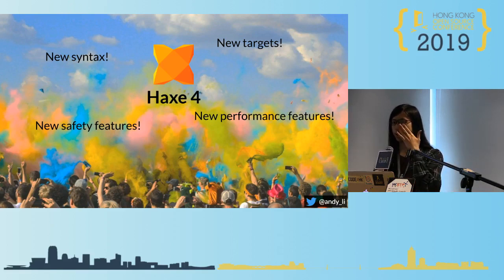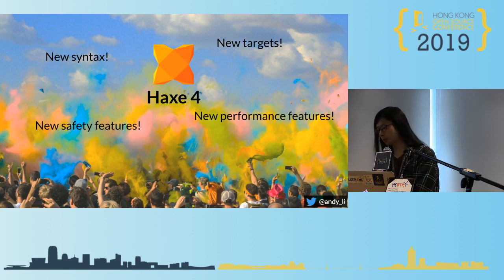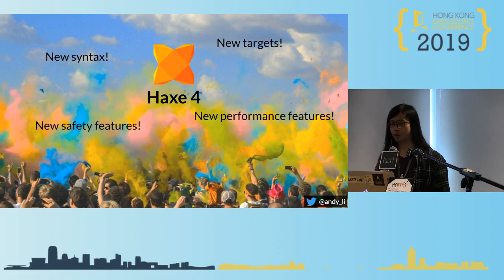I'm going to give a very high-level overview, so that if you are interested, you can take it deeper by yourself. There are too many new things, so it's impossible for me to cover all of them within the talk.